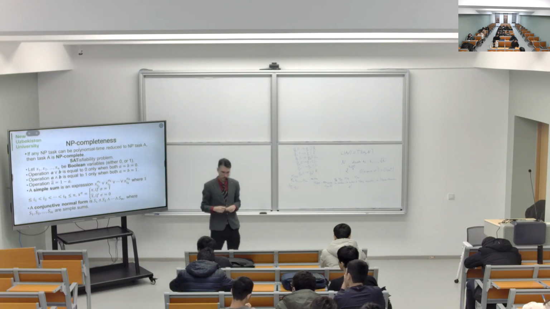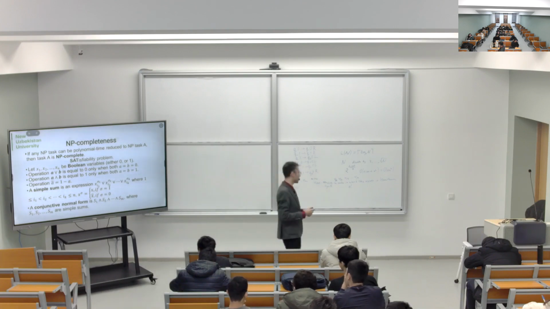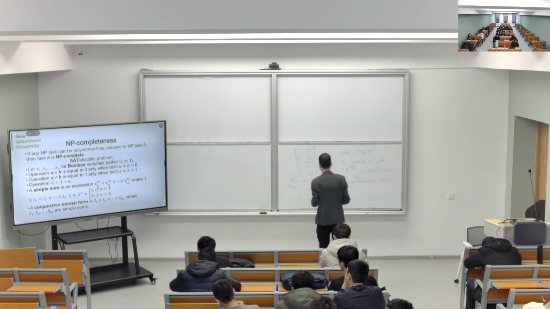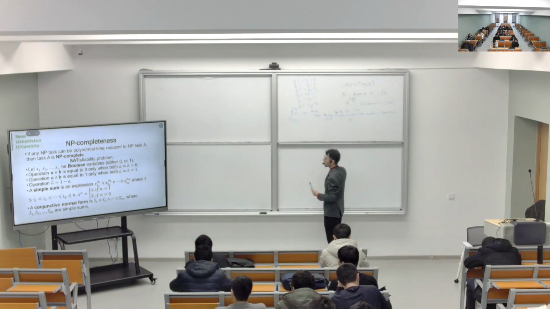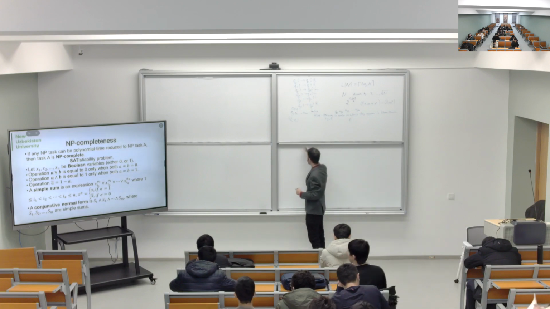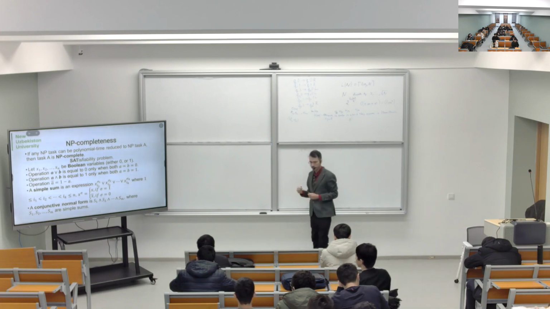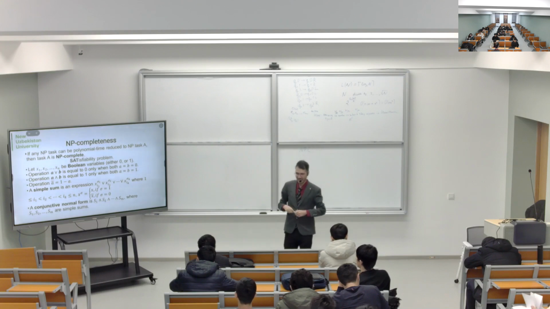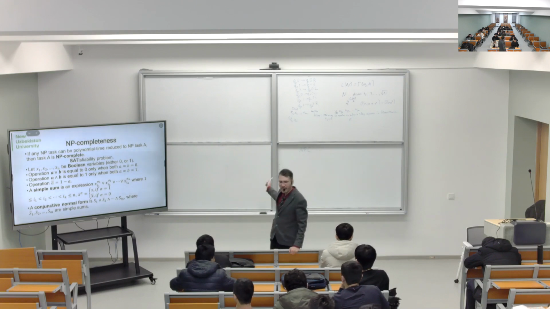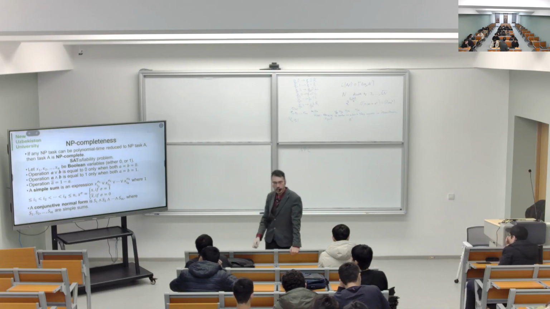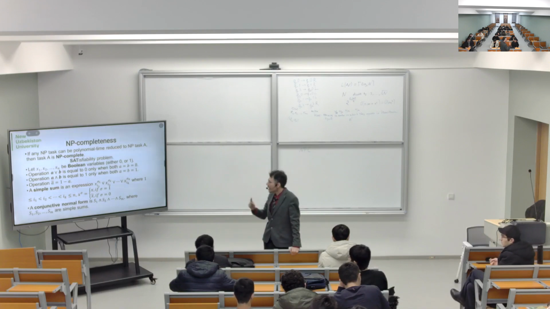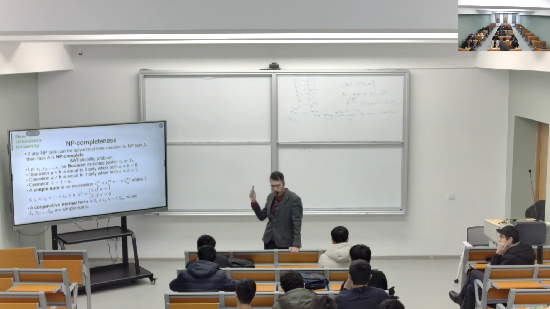Now, what is NP completeness? So NP complete problem. We call it NPC, non-person character, I guess. So this is an NP complete task. It means any NP task can be reduced in polynomial time to this task.